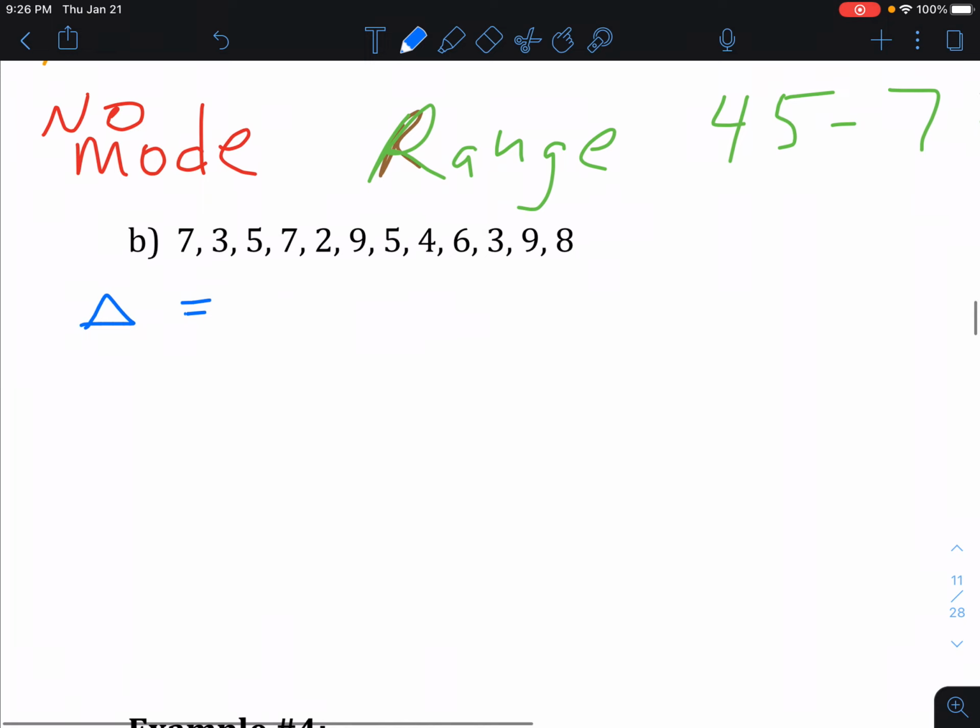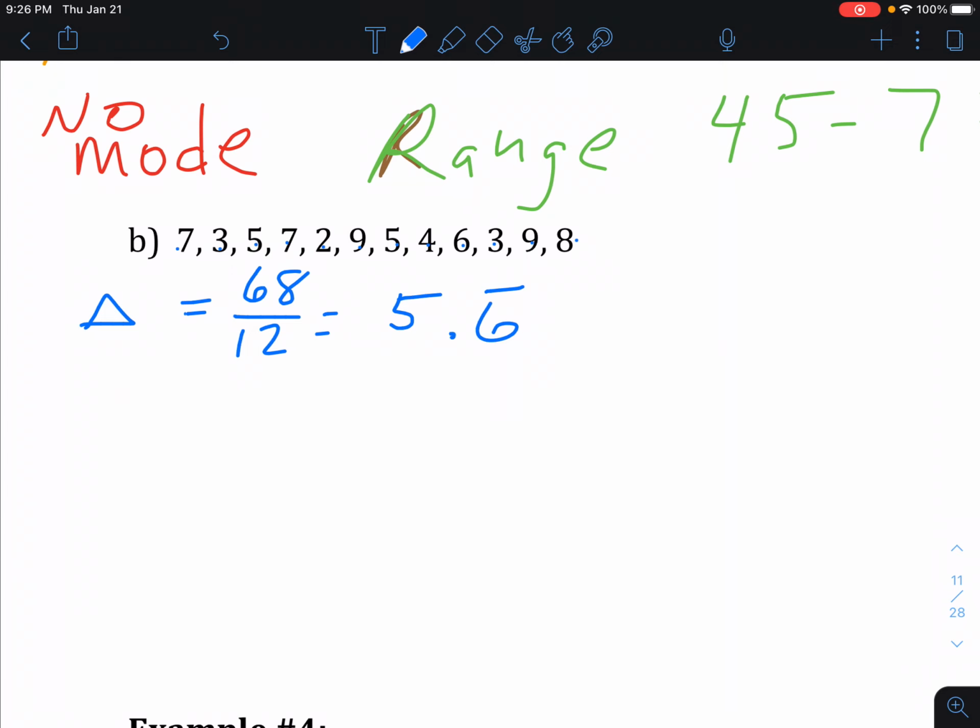So they all add up to 68. Now I'm counting how many numbers there are. So 1, 2, 3, 4, 5, 6, 7, 8, 9, 10, 11, 12. Divide by 12, and it would be 5.6 repeating.